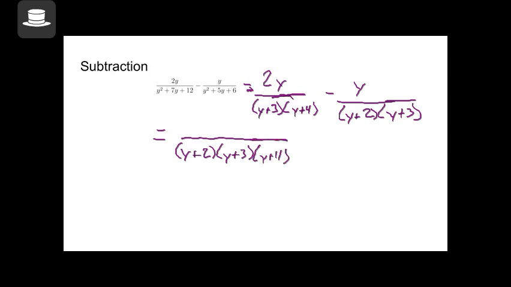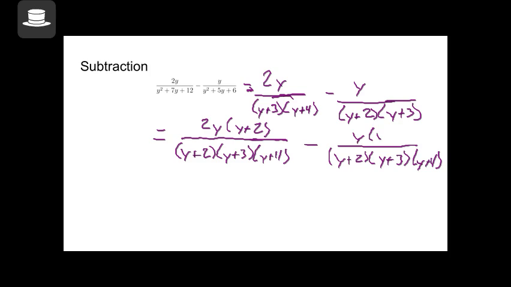And then the same would be here, y plus 2, y plus 3, and y plus 4. Okay. All right, so now, again, whatever I did to the denominator, I have to do to the numerator. So for my first term, I had to multiply it by y plus 2, so I want to say 2y times y plus 2. And then for my second term, I had to multiply it by y plus 4 because it didn't have one. So I have to say y times y plus 4.